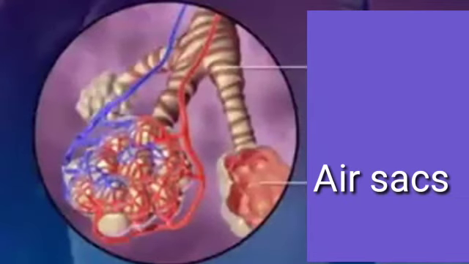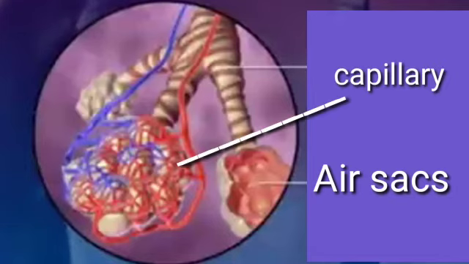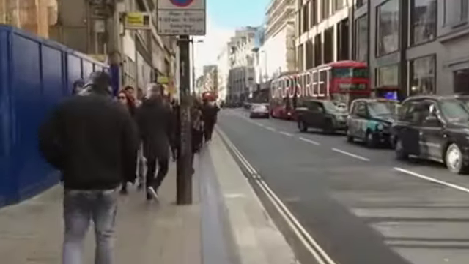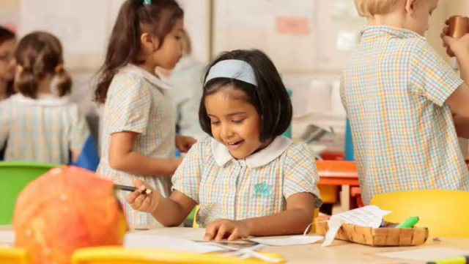From these air sacs, oxygen is taken into the capillaries, which carry it to each and every cell of our body. We are able to walk, speak, breathe, and learn properly.